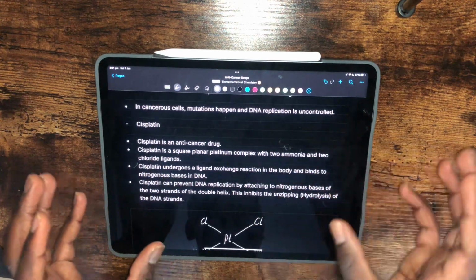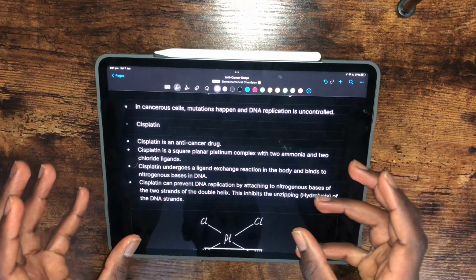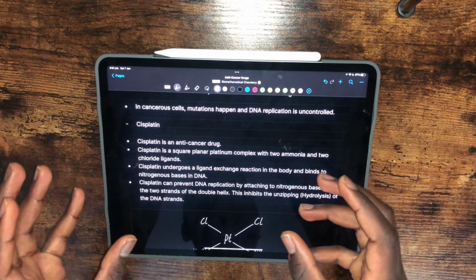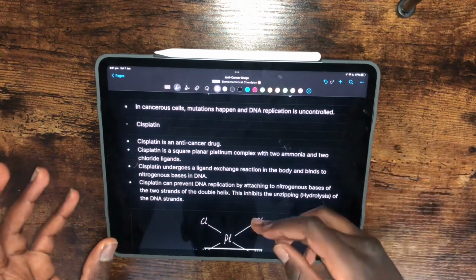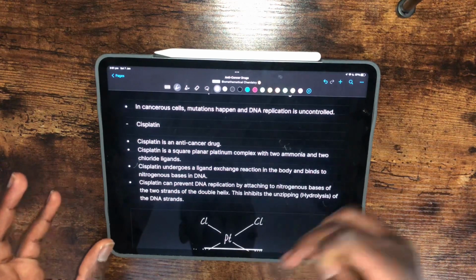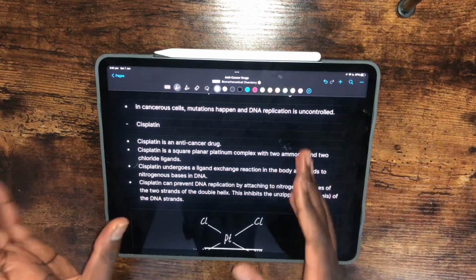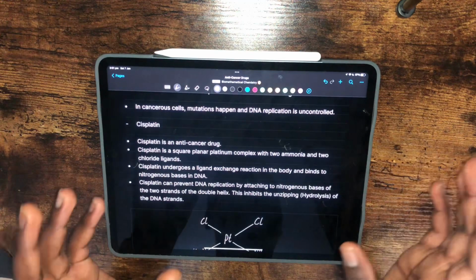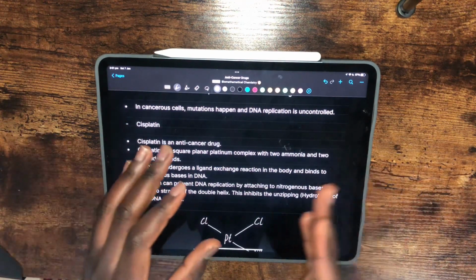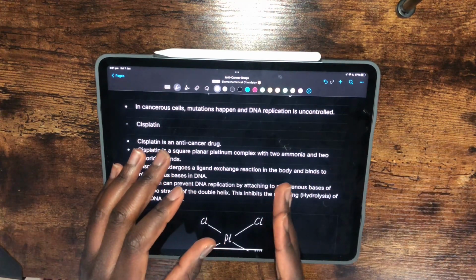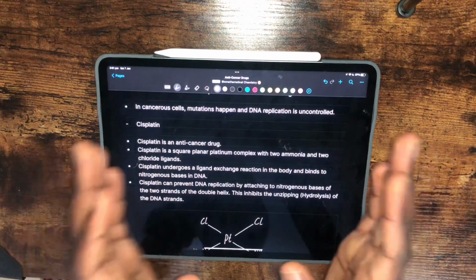Those ligand bonds, or dative bonds, that platinum would now have with the nitrogenous bases are very, very strong. You're not going to break them. So that is what cisplatin is doing. It's preventing the hydrolysis, so it prevents the DNA strands from separating.